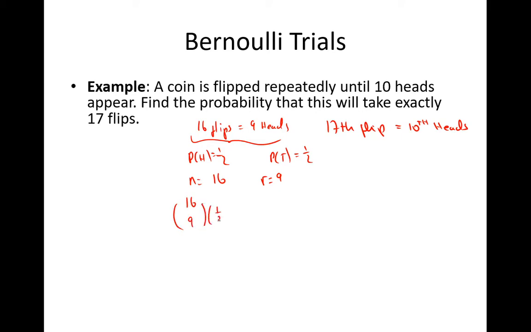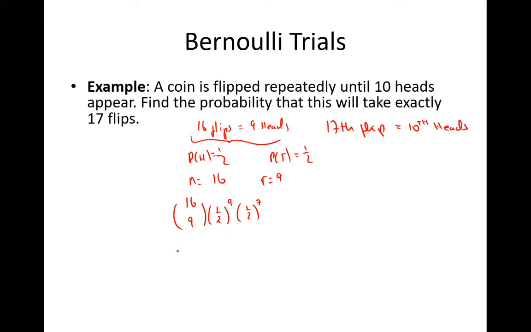The probability of success is a half and I want 9 of them, so therefore the probability of failure is a half and I want to get 7 of those. So that's going to represent the probability of getting 9 heads in the first 16 times. So 16C9, which is exactly the same as 16C7, not much of a difference.